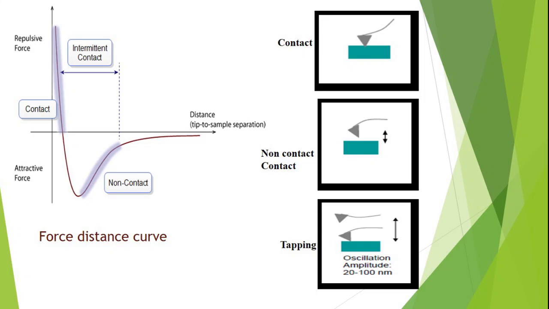On the right hand side of the figure you can see the images of the AFM cantilever, how it deforms or how it gets deflected in all the regimes. The intermittent contact mode is also called tapping mode, where a cantilever beam moves between contact and non-contact mode.